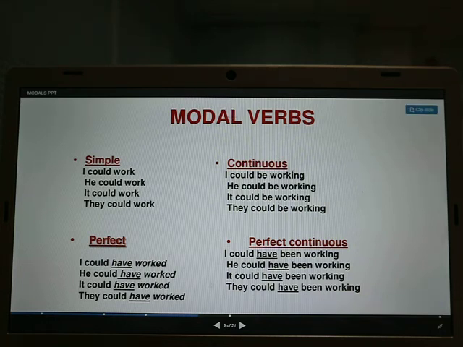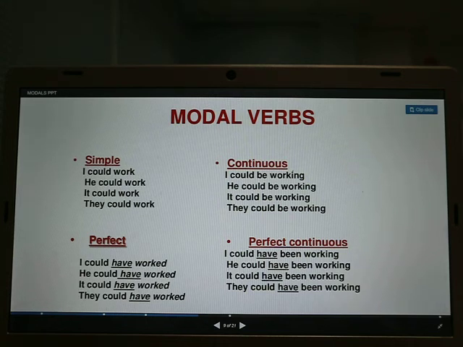Okay, what's the difference? The verb that they use. Okay, the work and the working, that's the difference, okay? Here, perfect and perfect continuous, okay? I could have work, he could have work, it could have work, or they could have work.